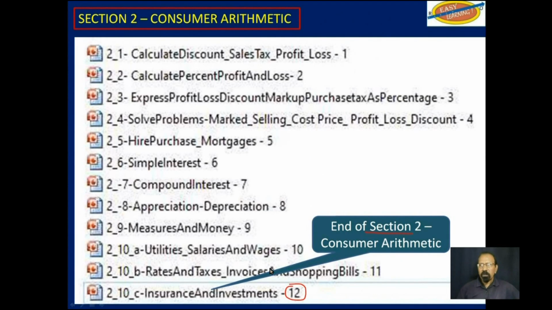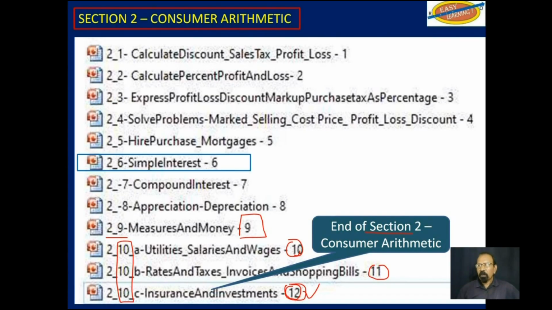Section 2 has 12 videos. Objectives 1 to 9 would each be covered in a single video, so that would be 9 objectives, 9 videos. And objective 10, I had to split into 3 videos, so that would be video 10, video 11, and video 12.